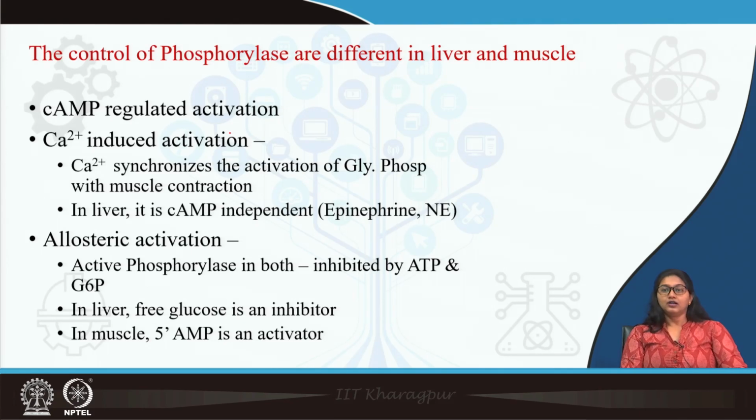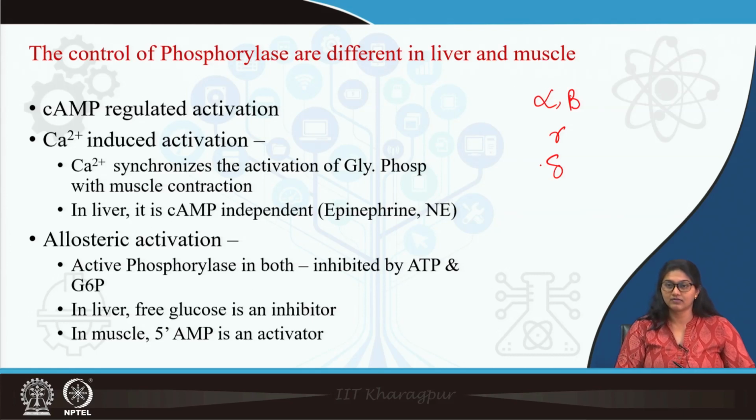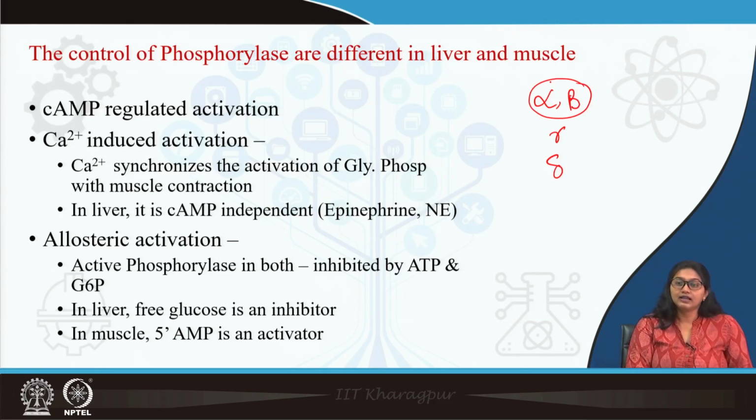Now, this phosphorylase kinase enzyme has 4 subunits: alpha, beta, gamma and delta. These alpha and beta subunits have residues which can be phosphorylated.